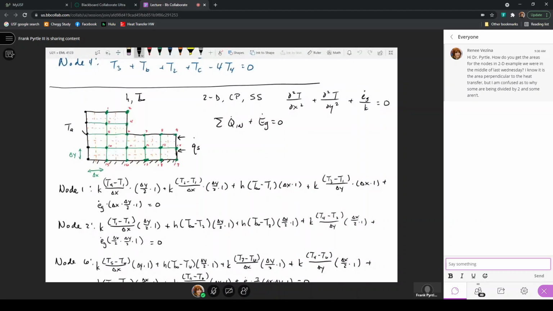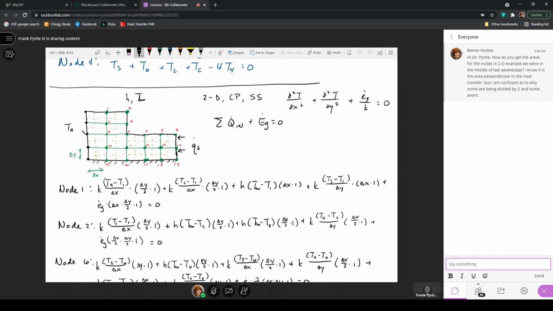So for node number 1, there was an area on the left that was delta y over 2 tall by unit 1 into the page, so that the expressions for the heat transfer between node 1 and the node to the left, node 1 and the node to the right, node 1 and the node below are going to be based on these surface areas that are defined according to the way that we discretize the domain.